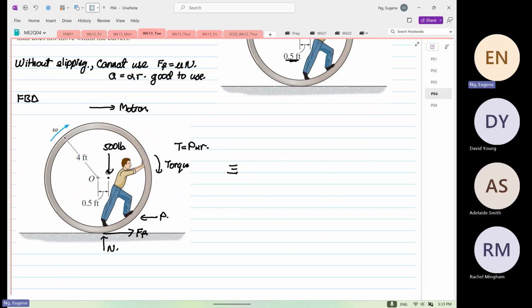So next, we look at our kinetic diagram. Yeah, that's right. You agree it's right or you don't agree?